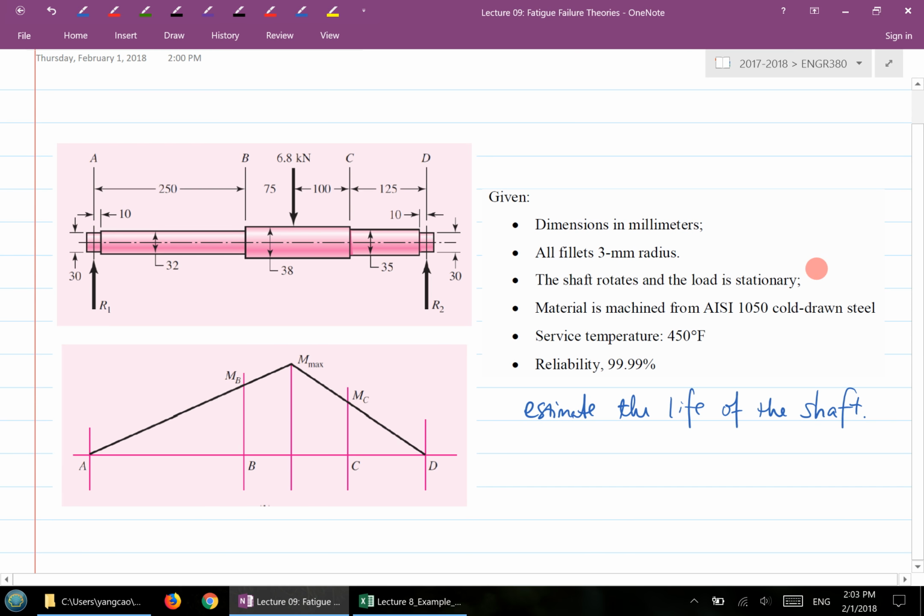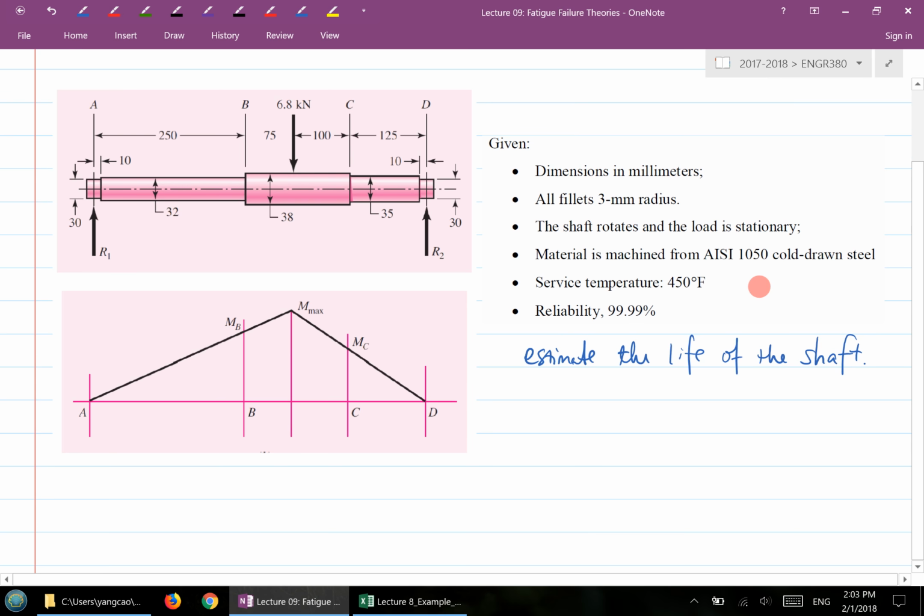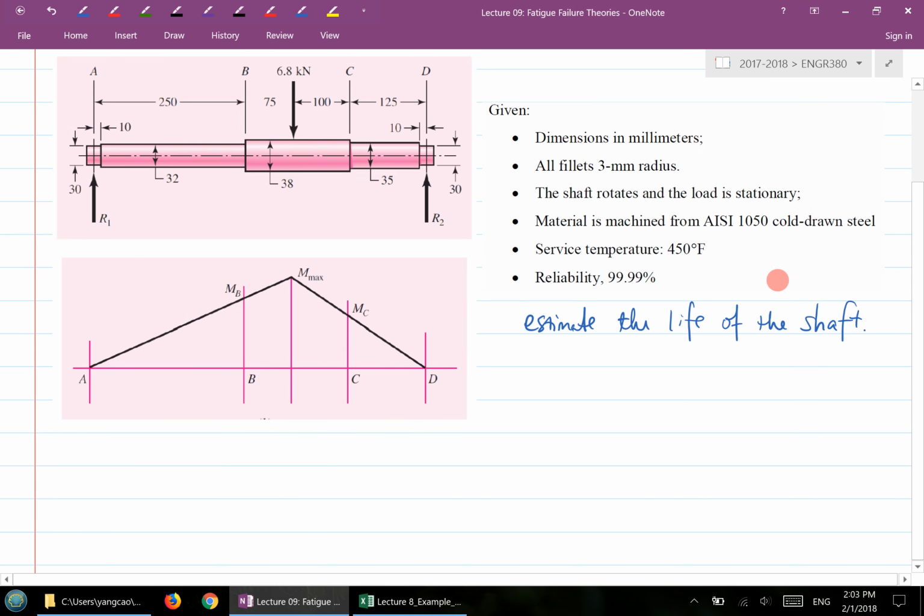This question will cover all of the topics that we have learned so far, in terms of finding all the Marin factors and how to find the estimated life of the shaft. As we mentioned in the previous lecture, there are different locations on the shaft, so which one will be the critical location is the first step you have to decide on.